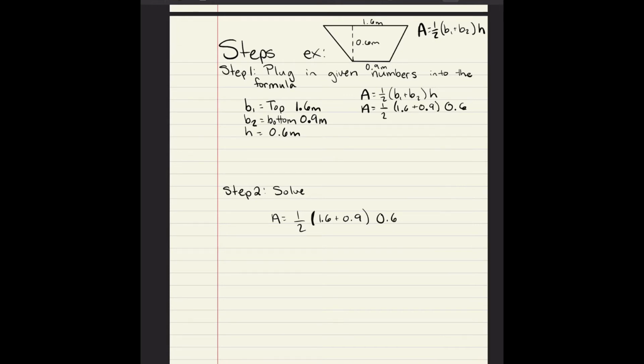So I have to use PEMDAS here, right? So parentheses first. So it's 1.6 plus 0.9.